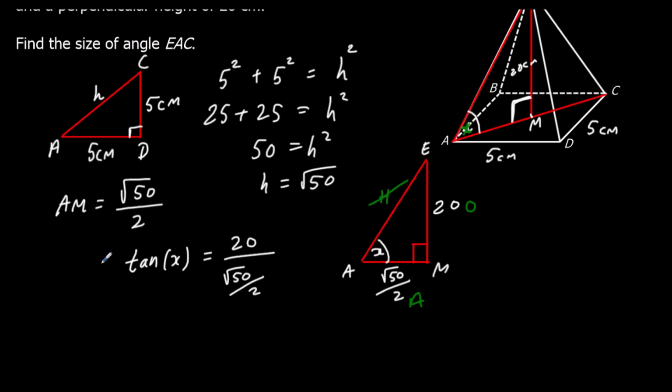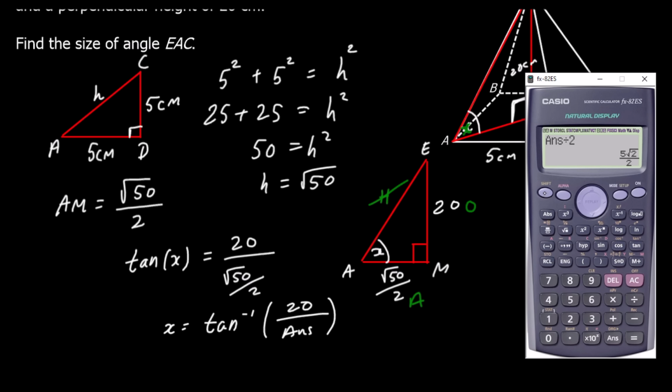And to get x by itself, we shift tan. So shift tan, 20 over our answer, and we've got 79.97, which makes it 80.0 degrees.